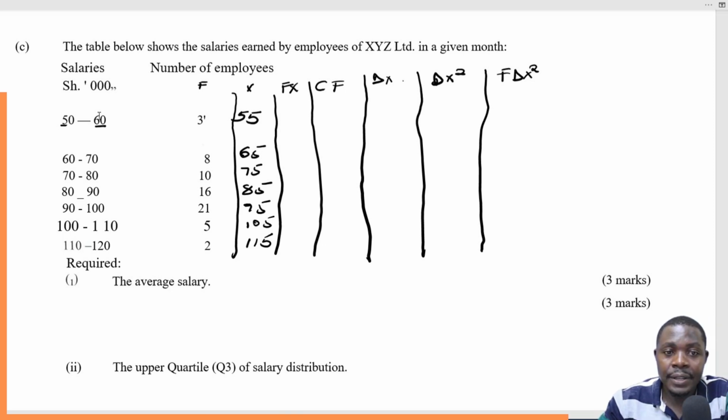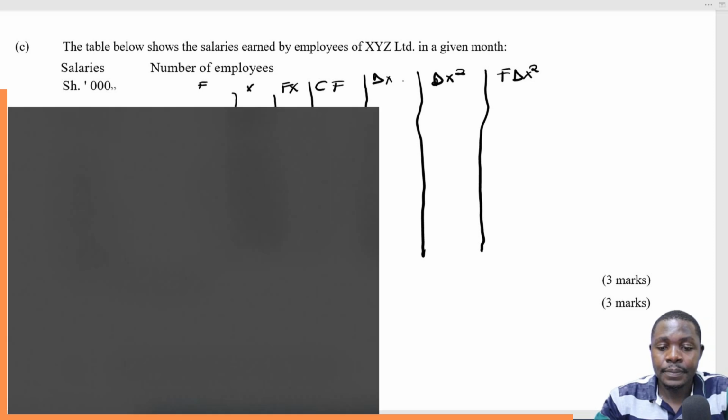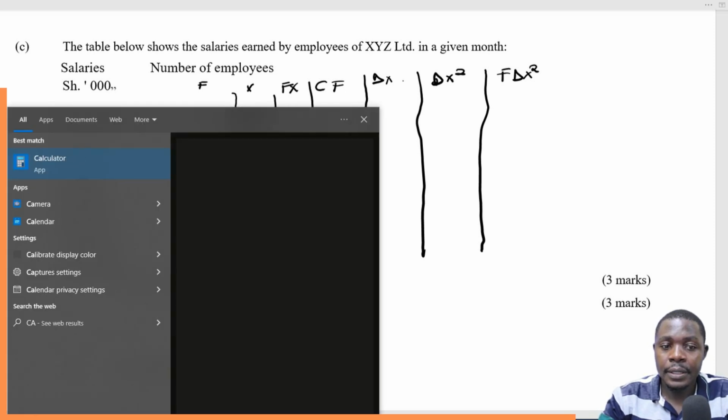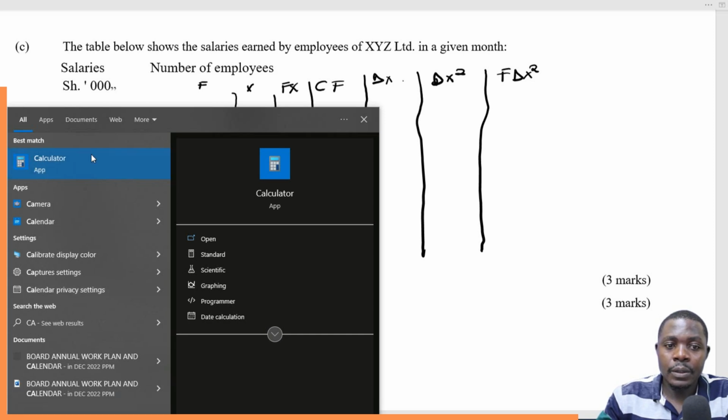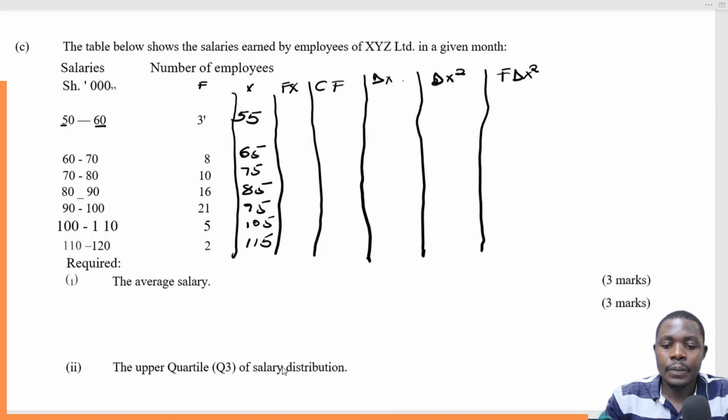Then fx, we have to calculate the fx. How do we calculate the fx? We are taking the value for frequency. Let's put the calculator here. We are taking 3 multiplied by 55, you get 165.